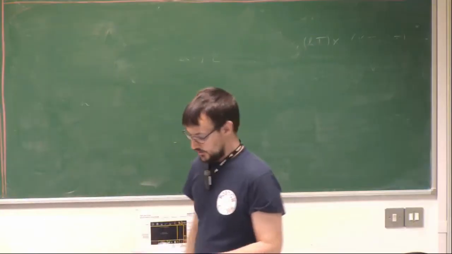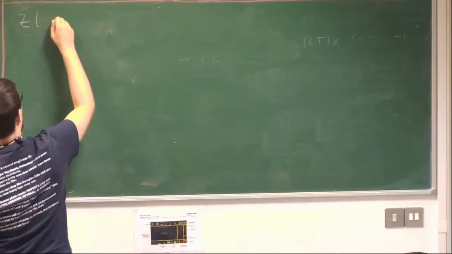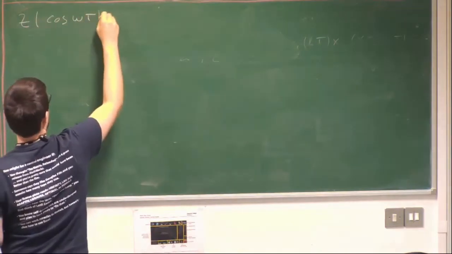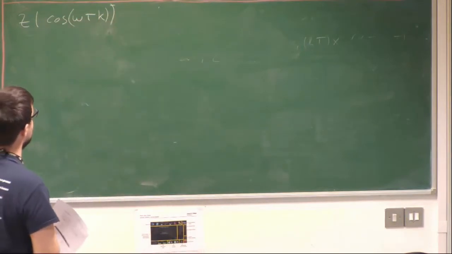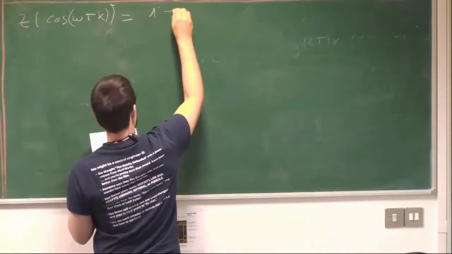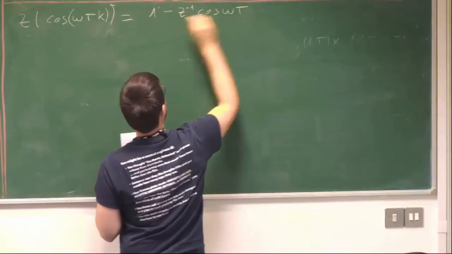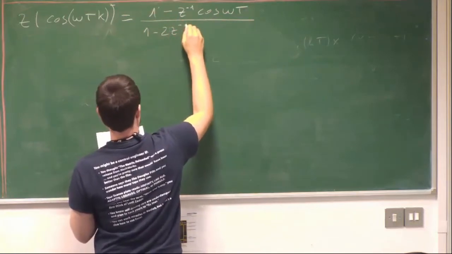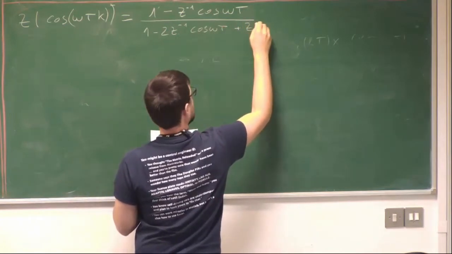Okay, so let's explain this with an example, and we consider the Z-transform of cosine of omega capital T, k. So this is the following sequence. We saw that the Z-transform will be equal to this term.